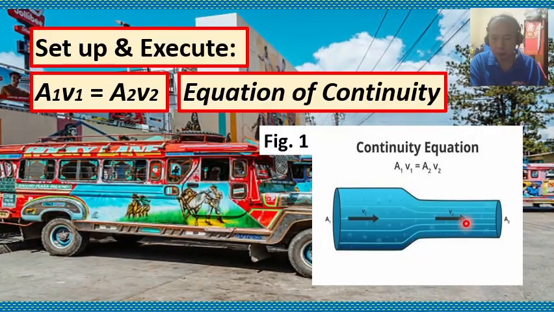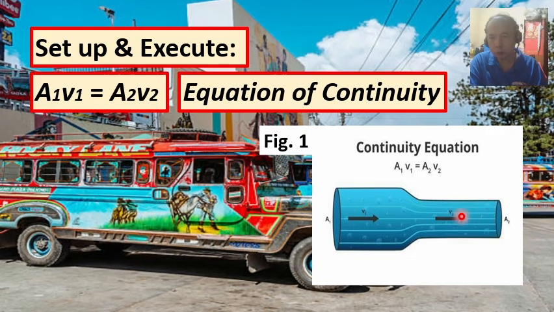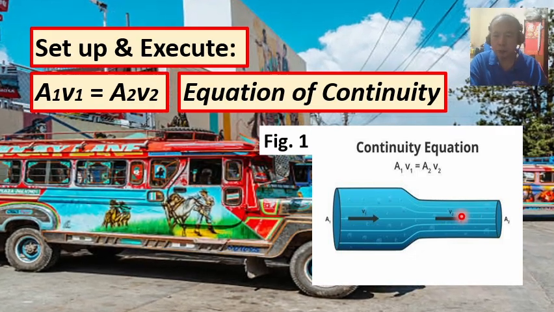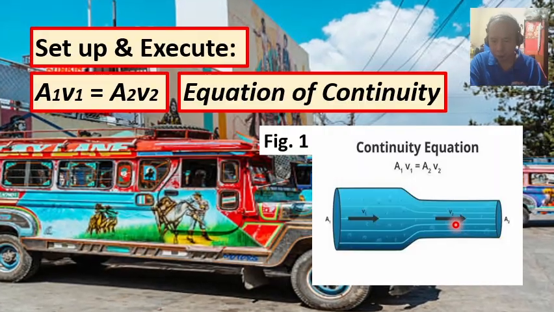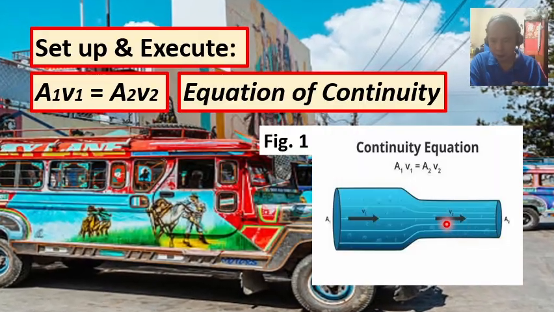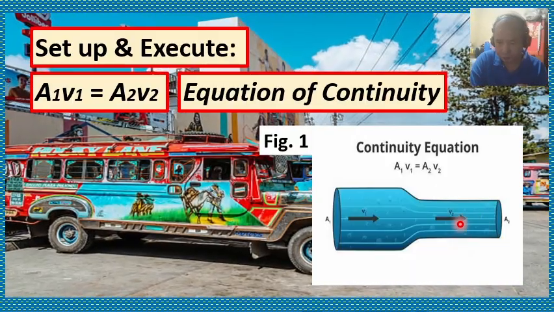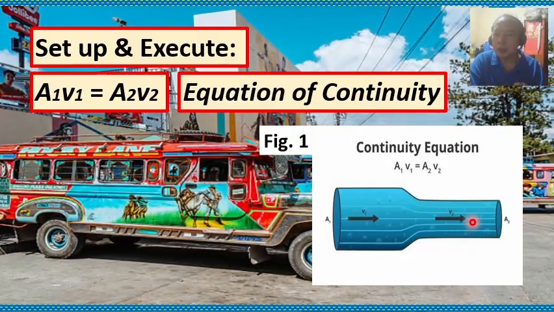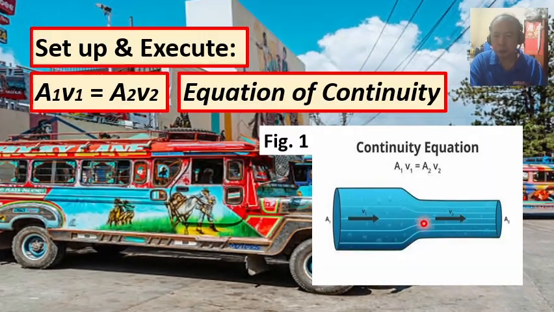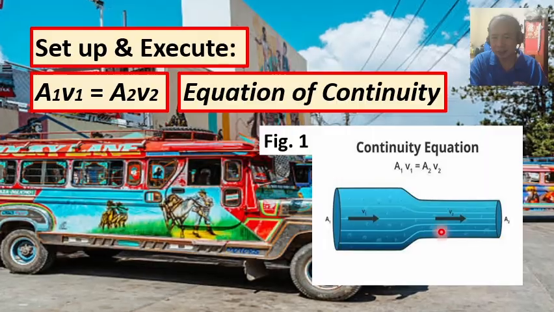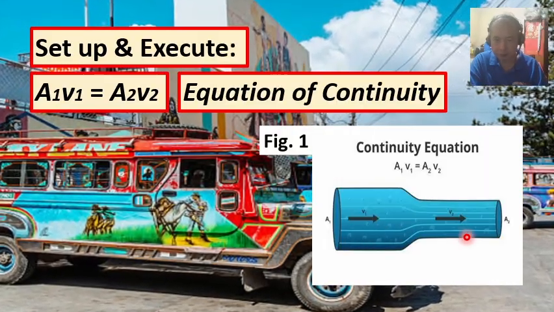So the product of A sub 2 and V sub 2 is also equal to the flow rate, or the rate of flow of the water when the water is in this smaller pipe. It's understood that the two pipes are connected and that water flows from the left to the right.